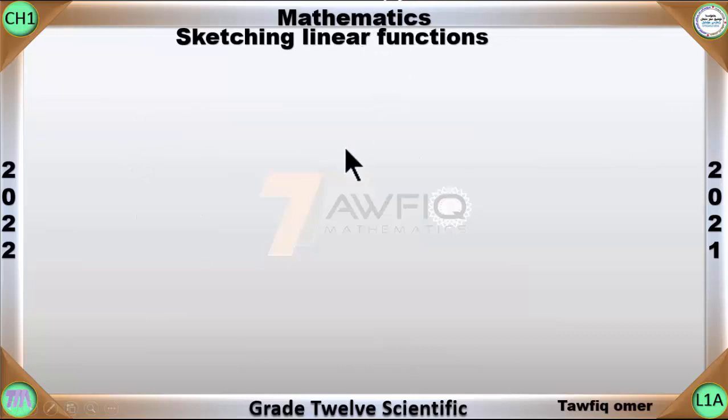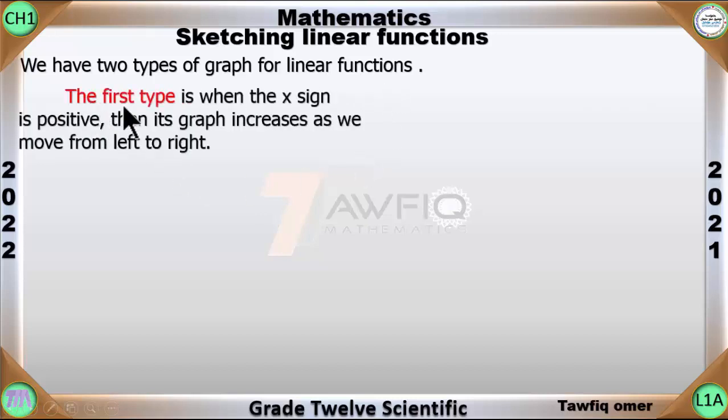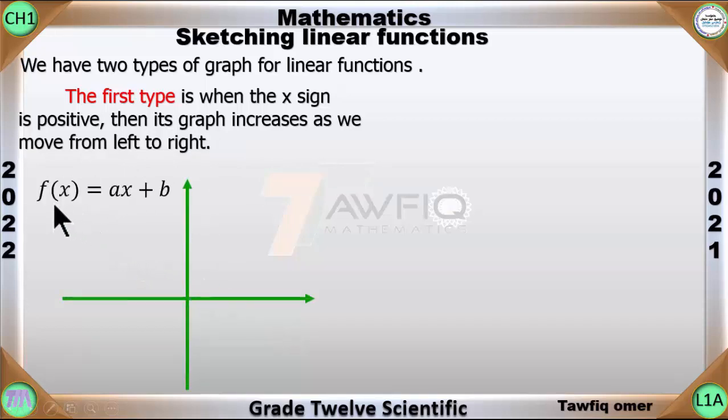Sketching linear functions. We have two types of graph for linear functions. The first type is when the x sign is positive, then its graph increases as we move from left to right. f(x) equal ax plus b is the equation of the linear function, where a is the slope of the line and b is the intersection with the y-axis.